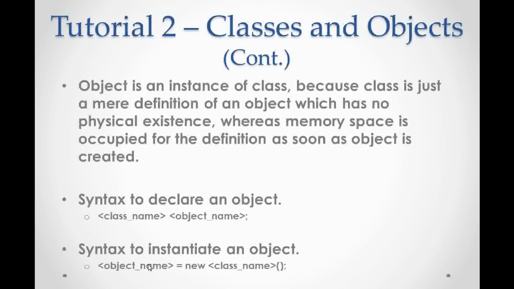Now what's the difference between declaration and instantiation? Declaration is announcing to the program the name of the object that you are going to use. And if you have declared an object, with that declaration no space is taken in memory. To take any space for the object in memory, you have to instantiate it.